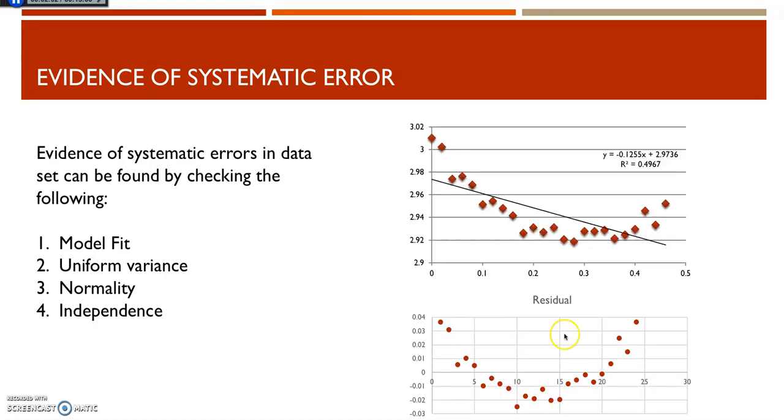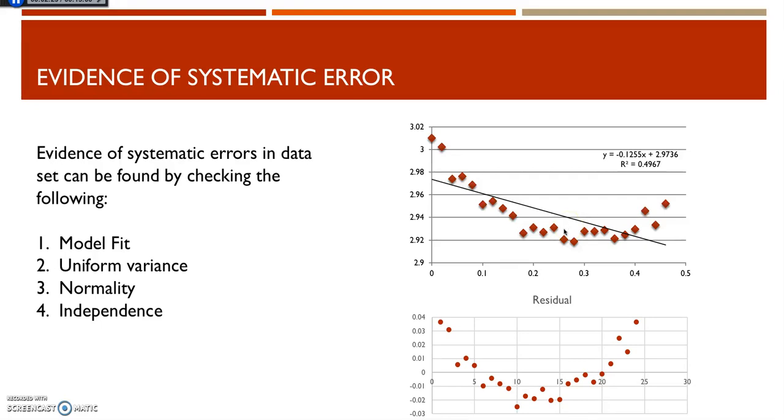If we fit this data with a linear trend, however, then you'll notice that the residuals look not randomly distributed, right? They look like there's a trend here, like a parabola. And so this is an indication that the model you have chosen for your data is not appropriate, and that is one form of systematic error.